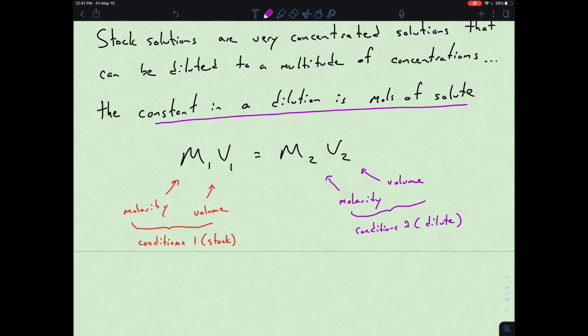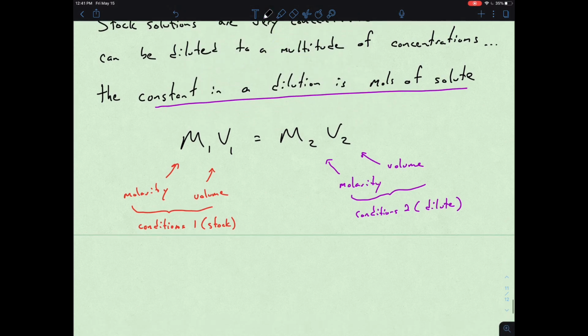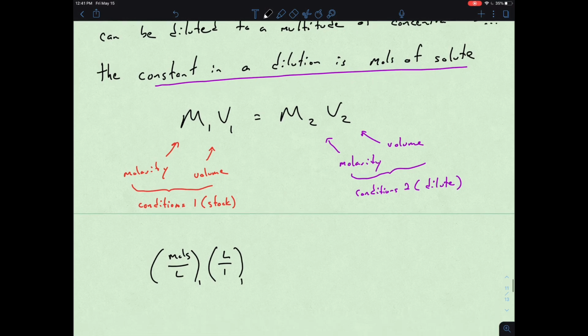And if we think about the units here, right, we have moles per liter times liters, right? Because that's M1V1, right? Molarity is moles per liter, and volume is in liters. And we can say the same thing on the other side.